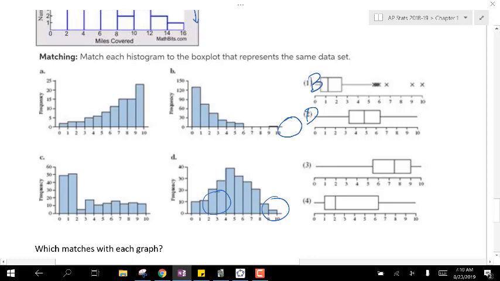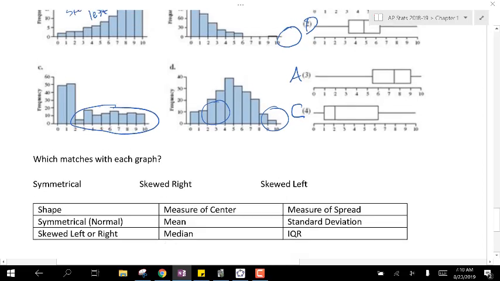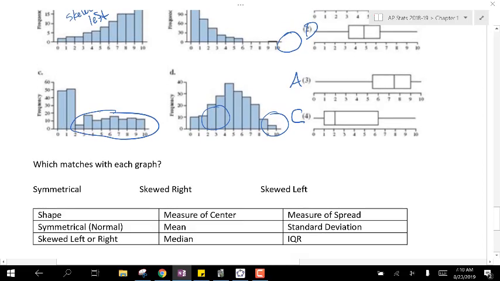So that is our skewed left, letter A. So of course that means C is number 4, which is kind of right skewed, and it kind of shows that, but more of the values are to the right of 2, and that's what we got going on there. And again, symmetrical, we are talking about our normal graph.